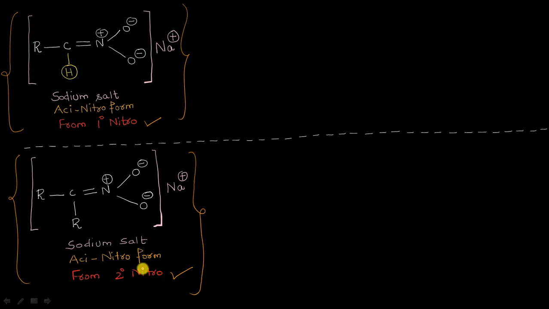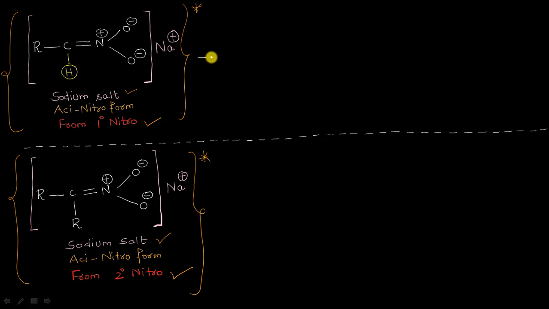Whatever we have discussed till now was only to show you how we can generate the sodium salts of the ACI nitro forms. And these are the actual reactant molecules for the Nef reaction from where we can get our carbonyl compounds. So let us see how this will be possible.